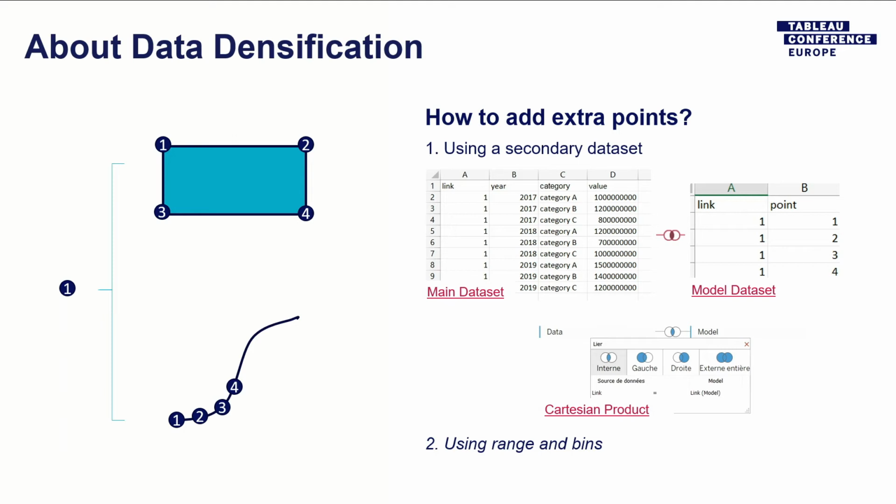For example, for the rectangle, I need 4 more points. So now, for every row in my main dataset, I have 4 more rows to perform my design for the rectangle case. Okay, the other technique is using range and bins, and it's even more nerdy.